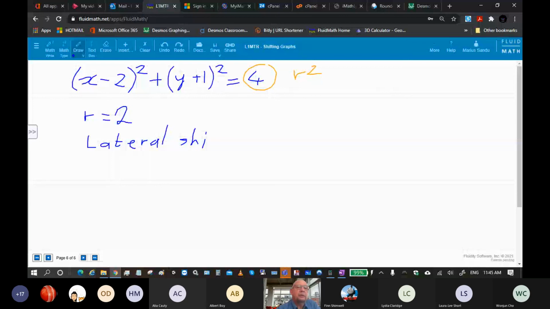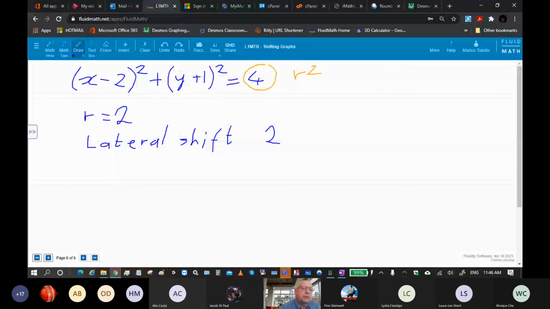Lateral shift is going to be 2 to the... come on, I'm waiting, anyone? So we said it's counterintuitive, guys. Would it be the right? Yes.